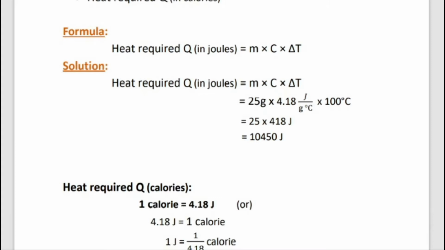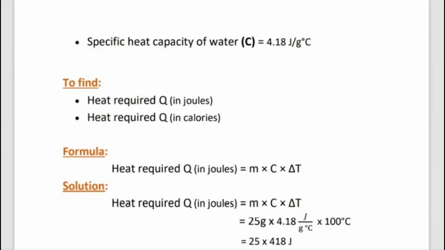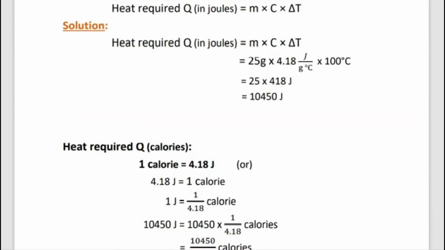Substitute the M value, mass of the substance 25 grams, into C, the specific heat capacity of water, C is equal to 4.18 joules per gram degree Celsius, into delta T, the change in temperature, 100 degrees Celsius. So 25 into 4.18 into 100.